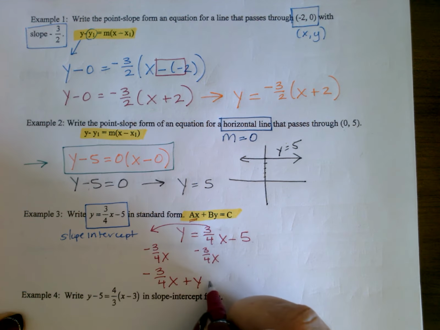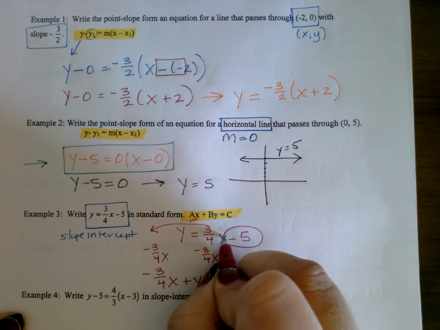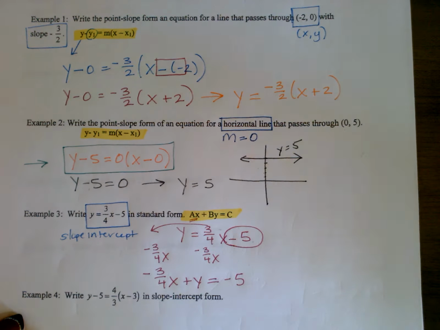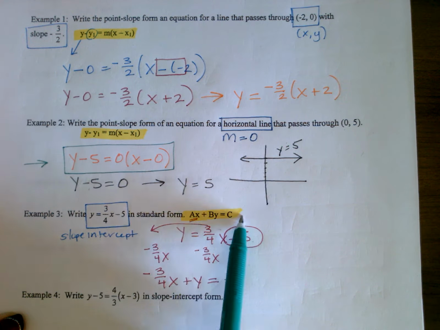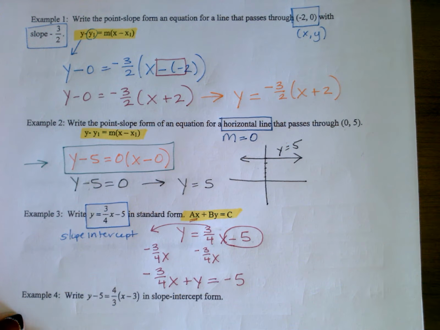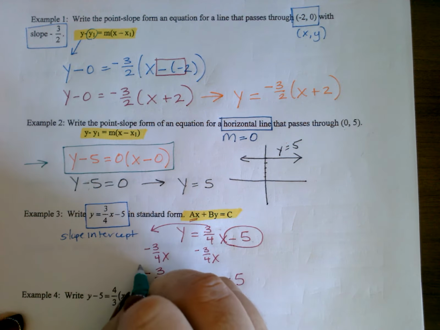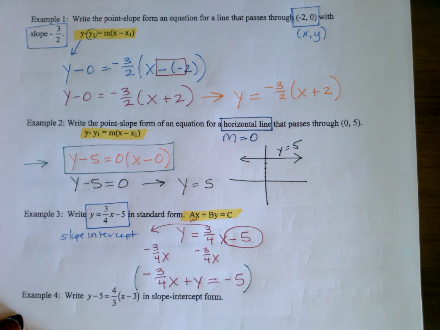Negative 3/4 x plus y equals, be very careful, that is a negative 5. All right, the rules for A, B, and C is I may not have any fractions. I have a fraction. Also, A may not be negative.